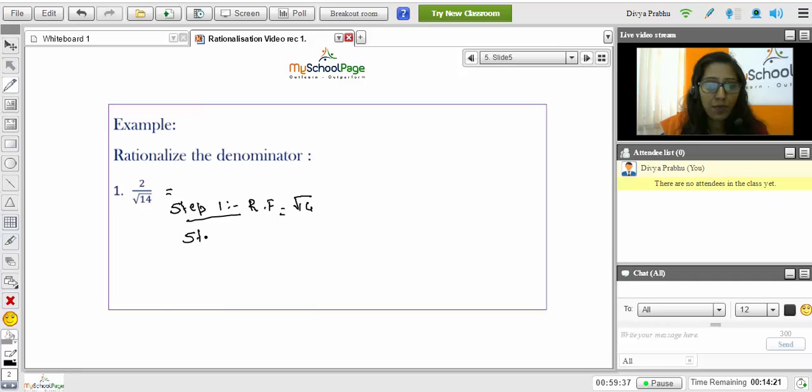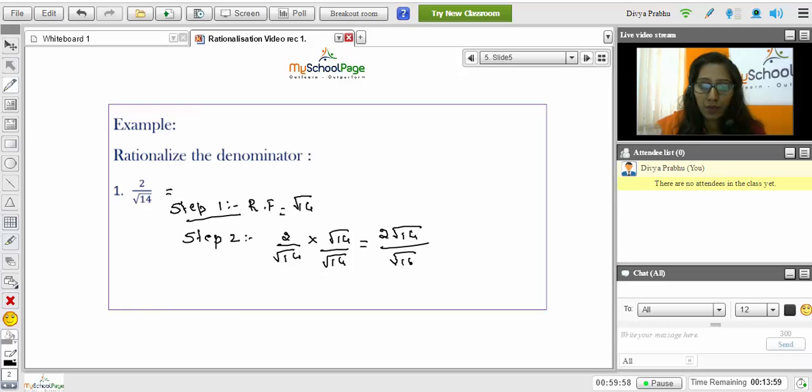What is the step 2? We're going to multiply the numerator as well as the denominator with the rationalizing factor, root 14. How much do we get? 2 into root 14 is 2 root 14 divided by root 14 the whole square.